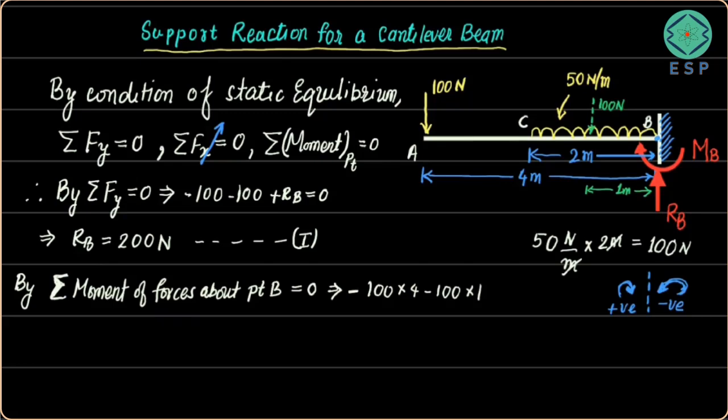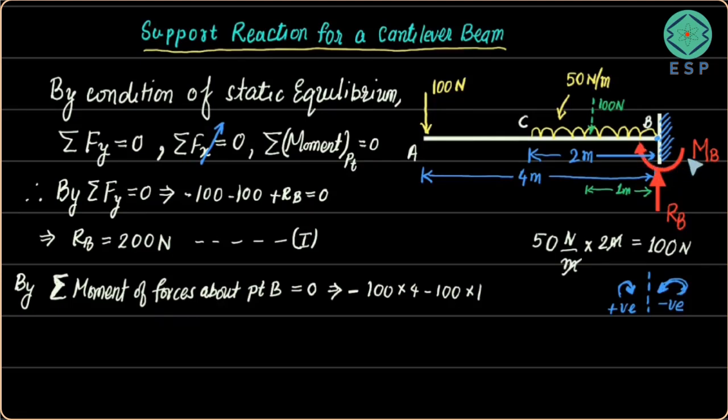Okay. Now next, at point B there is another moment acting, which is MB. That also you have to consider, but this moment is going to rotate the beam in the clockwise direction, because this moment is clockwise. Okay. Why it is clockwise? Because it is preventing the entire beam from tilting or from rotating in the anti-clockwise. So this is a clockwise moment.